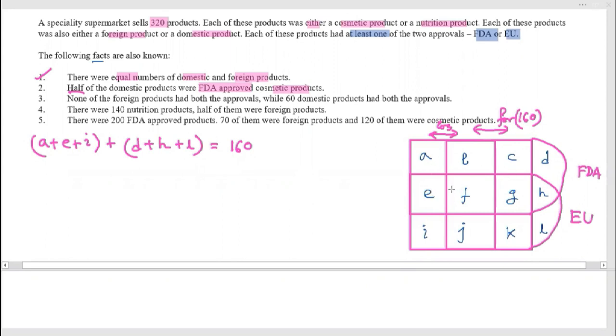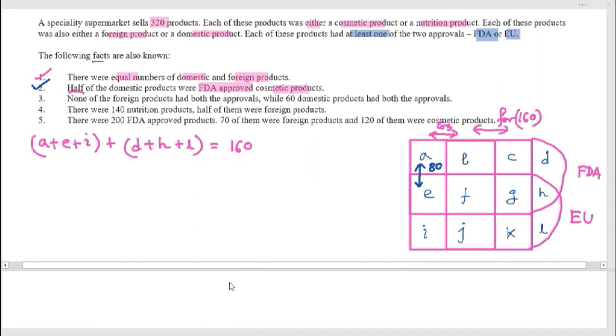So FDA approved cosmetic product will be these two. This is half, so we can find it out. These taken together are half of 160, which is 80. Okay, so point number 2 is also considered.